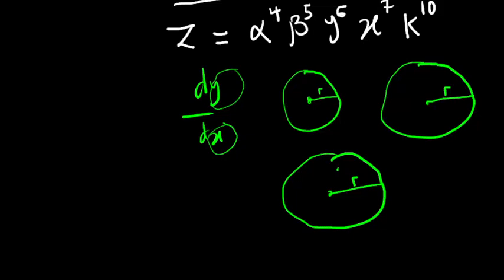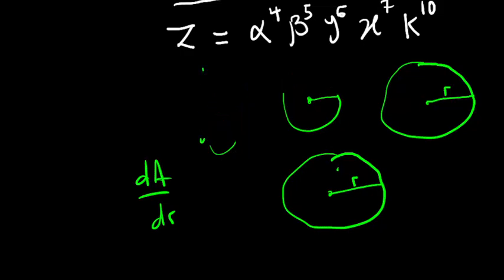If I want to write that, I will write dA over dr. That is the rate at which area is changing with respect to radius. So that's the idea of differentiation: the rate at which one quantity is changing with respect to another quantity.